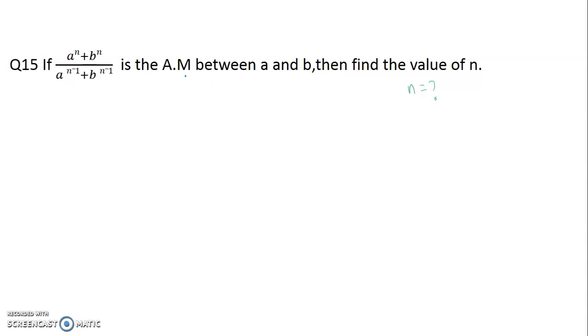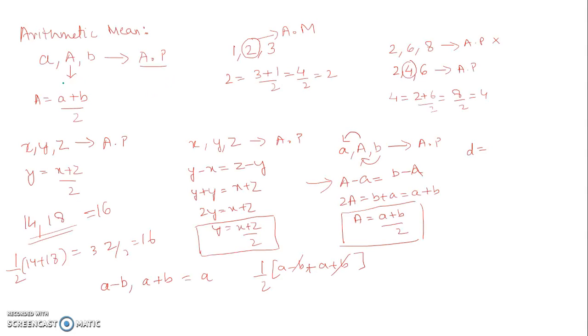As I told you students in the live classes, I had already explained arithmetic mean. If you remember, if I take A, capital A and B, and these 3 numbers are in AP, then this center number A is equal to A plus B by 2. All this I had explained in detail. So this is the concept we will be using.